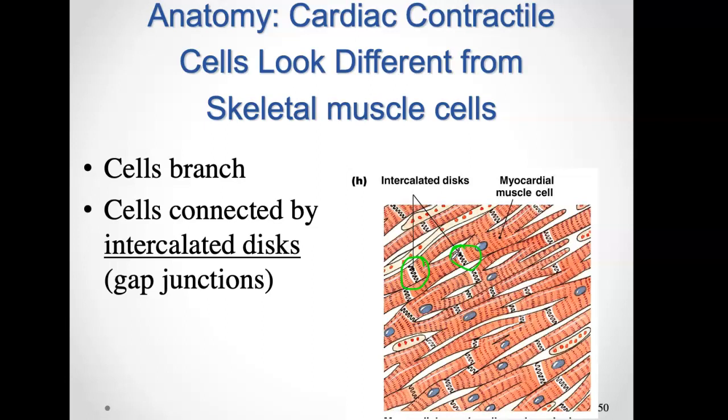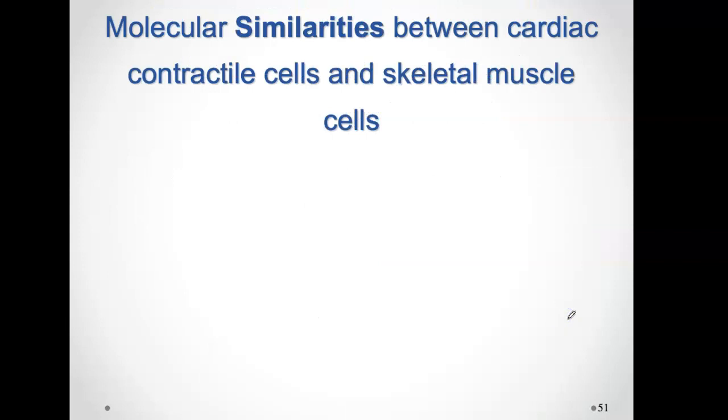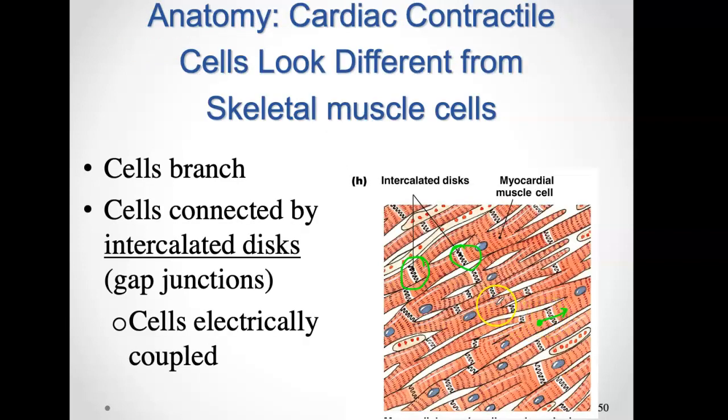They are a gap junction that's going to allow, very important, those cells to be electrically coupled. So I no longer need neurotransmitter to go, for example, from here to connect to this cell. Instead they're electrically coupled. If I have an action potential on cell number 1, I'm going to have it on cell number 2 because it's going to travel right on through that gap junction without a chemical, without a neurotransmitter.